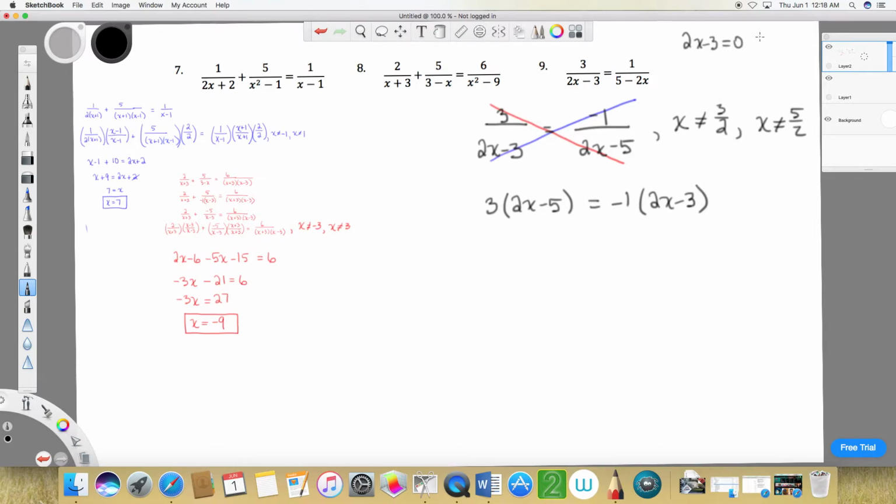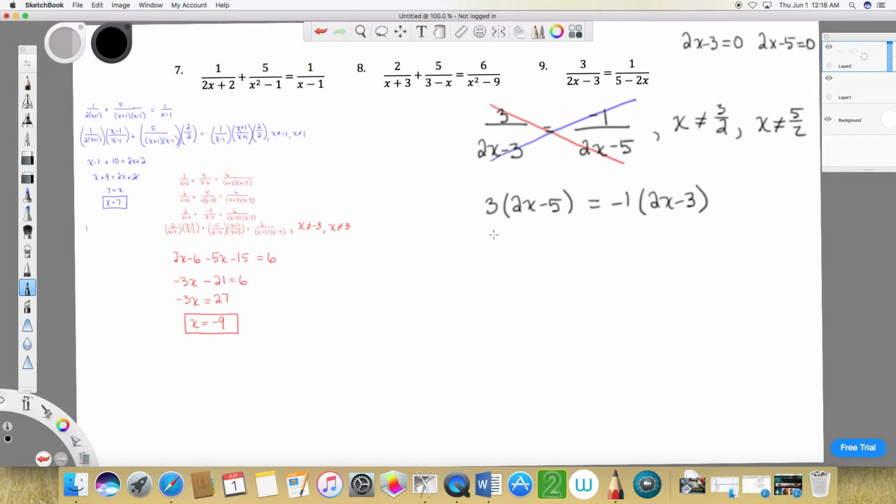I took the 2x minus 5, set it equal to 0, and solved, and then said I don't want 2x minus 3 to equal 0. Therefore, I don't want x to be 3 halves. I do not want 2x minus 5 to equal 0. Therefore, I do not want x to be 5 halves. I don't think we get either one of these answers, but let's look and see. We always have to be aware of it.